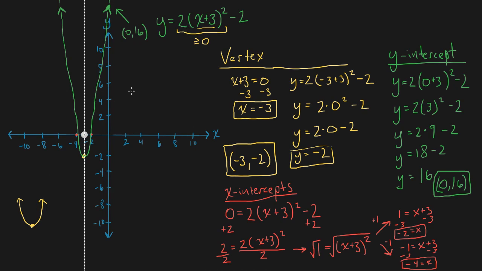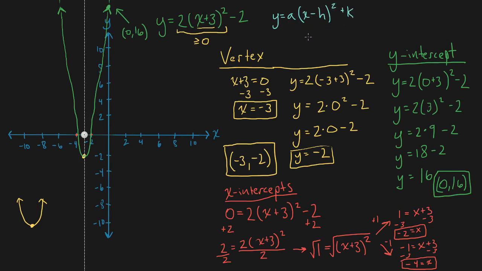Now, how do we use this vertex form in order to find what this particular form of the equation tells us about this function? Well, vertex form is y is equal to a times (x subtract h) squared plus k.